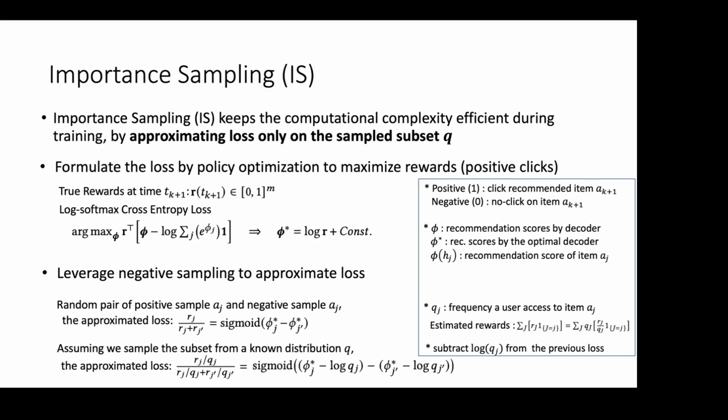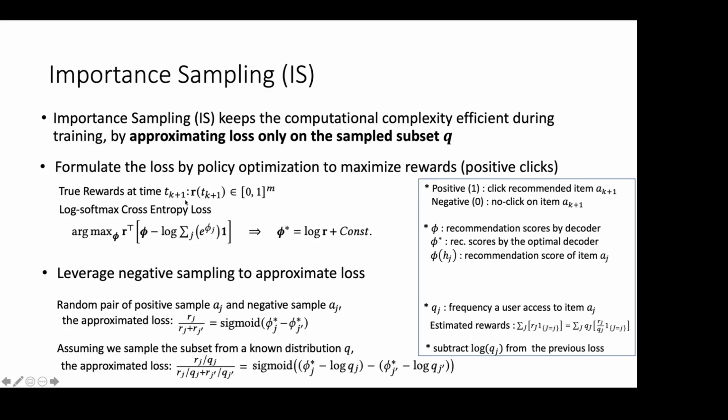It keeps the computational complexity efficient during training by approximating the loss only on a sampled subset of data, not the entire data. How they do it is that they formulate the loss as a policy optimization problem that aims to maximize rewards. By rewards, I mean the positive clicks.